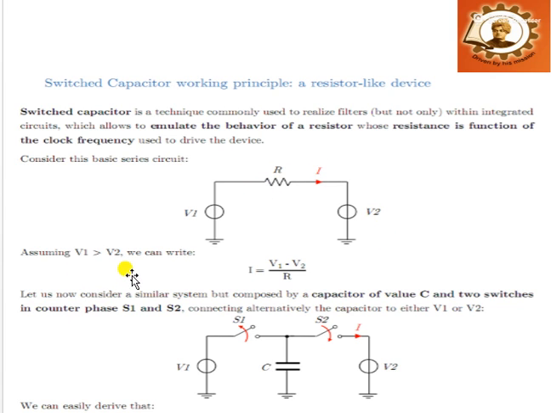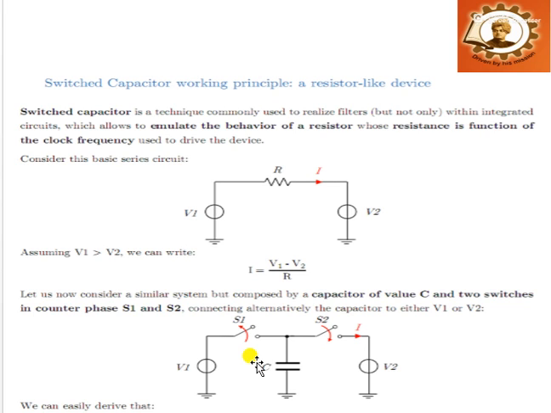If we assume V1 is greater than V2, then current I can be written as (V1 minus V2) by R. Now let us consider a capacitor and two switches connected in this fashion. S1 is one switch, S2 is another switch, and C is the capacitor, V1 is the input voltage and V2 is the output voltage.